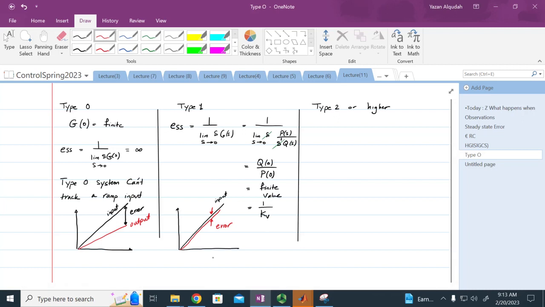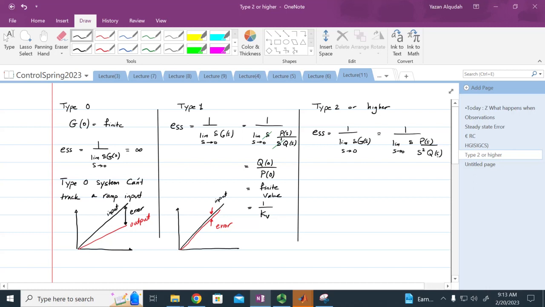Okay. Let's see what happens when you have type 2 or higher. Same thing, the steady state error, 1 over the limit as s goes to 0 of s g of s, which is going to equal to 1 over the limit as s goes to 0 of s multiplied by p of s divided by s squared or higher multiplied by q of s.